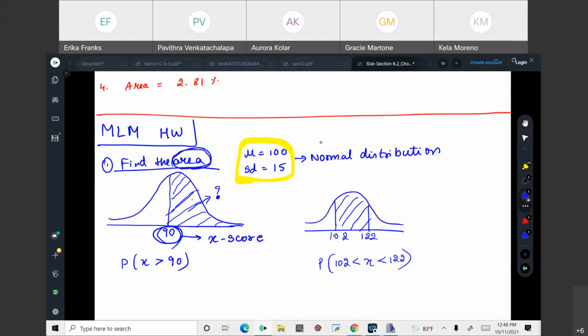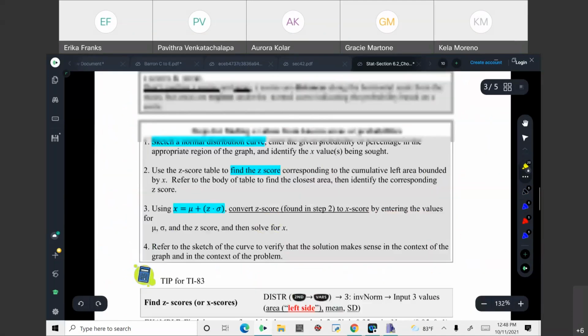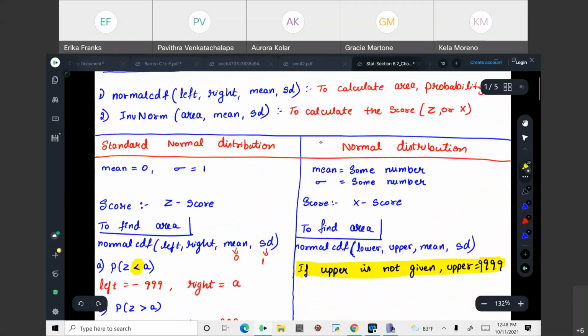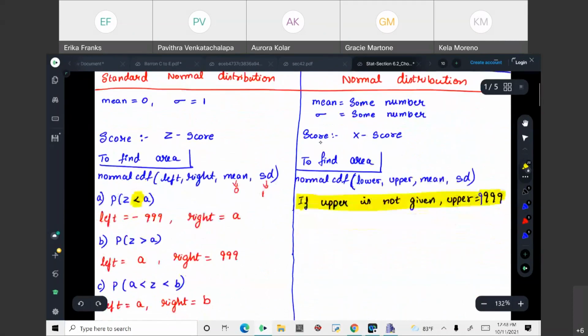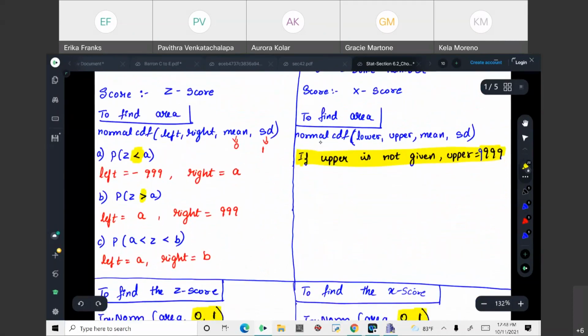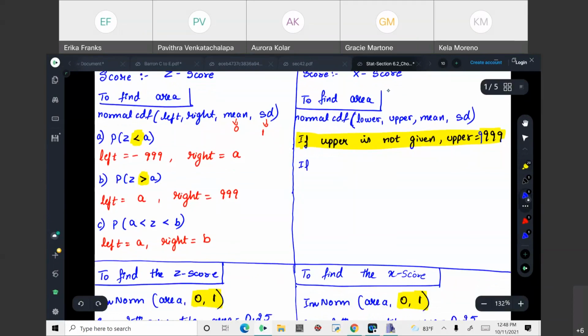Whenever you have something like greater, I have given you something in the notes, right? If you have greater like this, you have to subtract the area. So let me write that here. If greater than A, then area will be 1 minus the area.